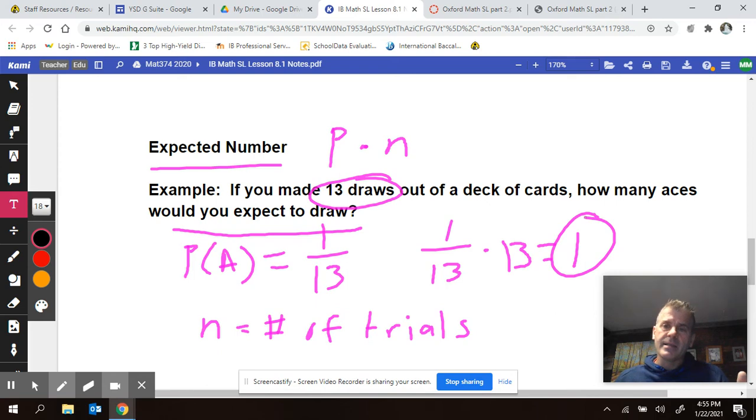Then the expected number of aces if you drew 13 times is 1. But you could get more aces, obviously, or you could get no aces. So notice the difference between theoretical, and then this idea of experimental.